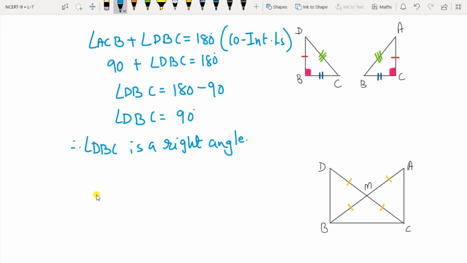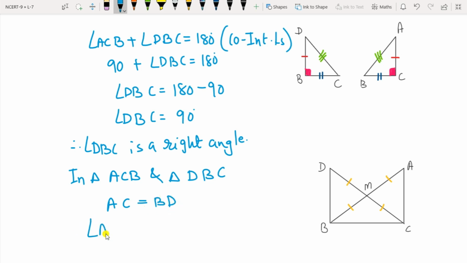Then the next thing is here, we have to prove that CM equal to half of AB. We have to prove this whole triangle is congruent to this whole triangle. So, we will write in triangle ACB and triangle DBC. Here AC is equal to BD.